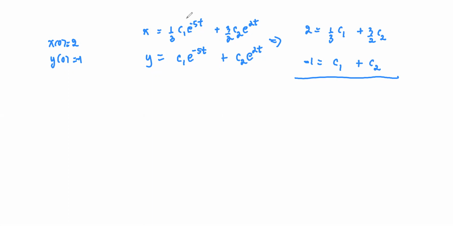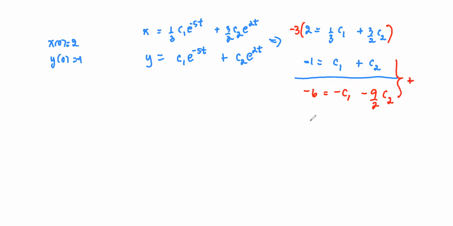Eliminate c1. So multiply the first equation by negative 3 to get negative 6 equals negative c1 minus 9/2 c2.